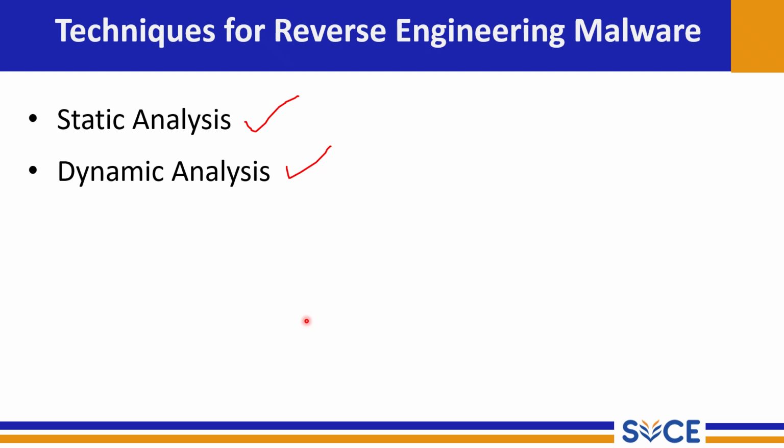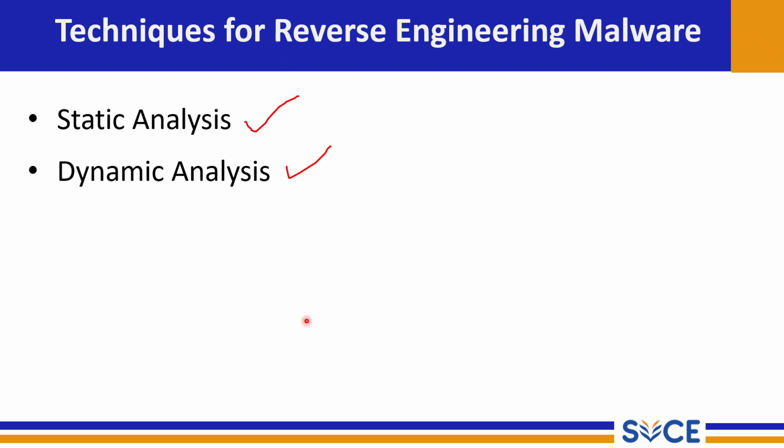And limitations: it can be resource intensive and time consuming, and may not accurately reflect the behavior of the malware on a real system. And when to use: for monitoring program runtime behavior and identifying anti-analysis techniques, or for detecting the root cause, identifying the malicious processes, and finding indicators of compromise. Okay, and next one, static analysis.